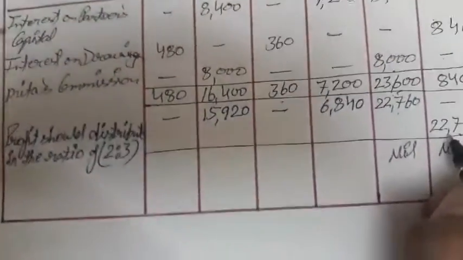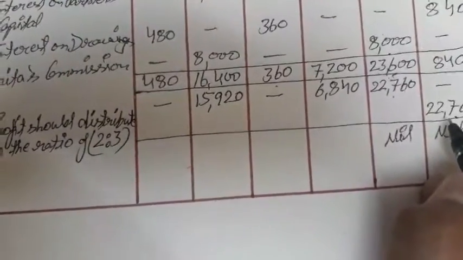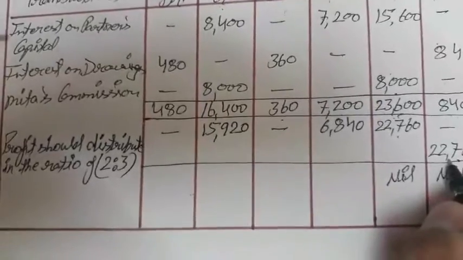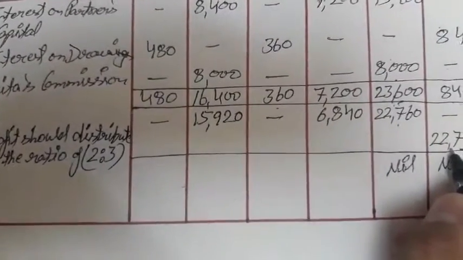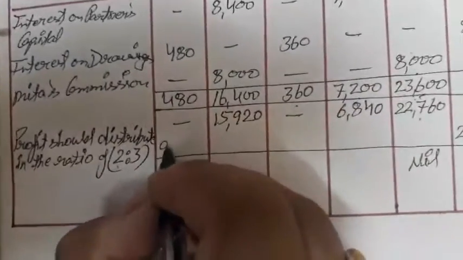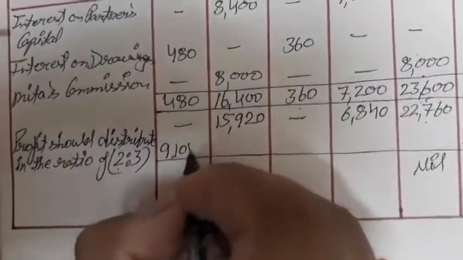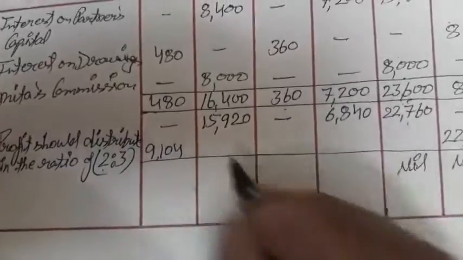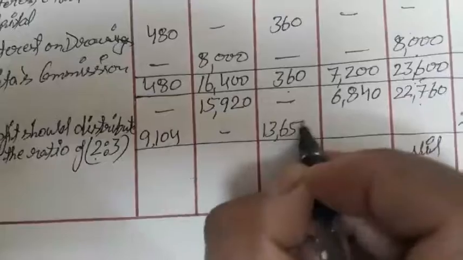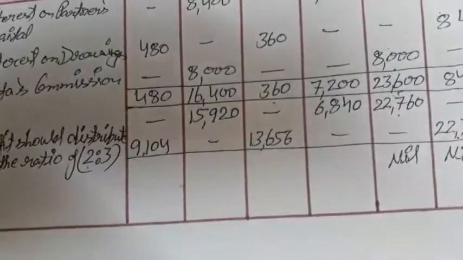So if this amount we distribute among the partners, if the firm is credited, then the partner will be debited. Okay, so according to this ratio, 9,104 rupees will be the balance for this, and for this 13,656 rupees when we calculate the balance.